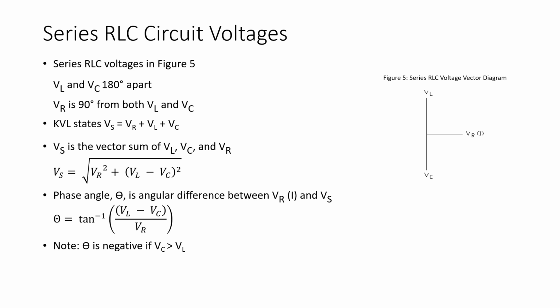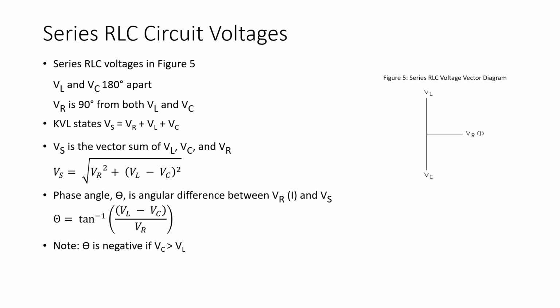And note from the vector diagram in Figure 5 that the inductor voltage and the capacitor voltage are 180 degrees apart. And of course, the resistor voltage is 90 degrees different from both VL and VC.